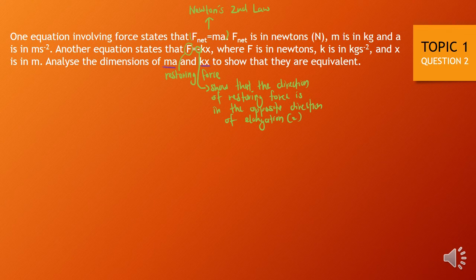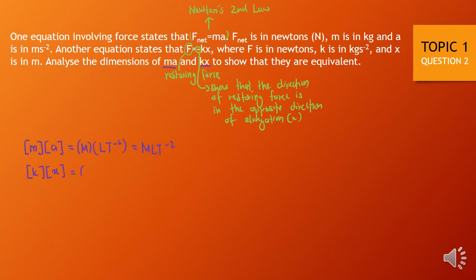Okay, so let's analyze what is the dimension of MA. So for MA, I'm writing the physical quantity. So m is the mass, so of course the dimension is mass, and acceleration is Lt to the power of -2. Okay, so we have mLt to the power of -2. Whereas Kx, K and x, so it shows that in the equation the unit of K, the spring constant, is kg per second square.